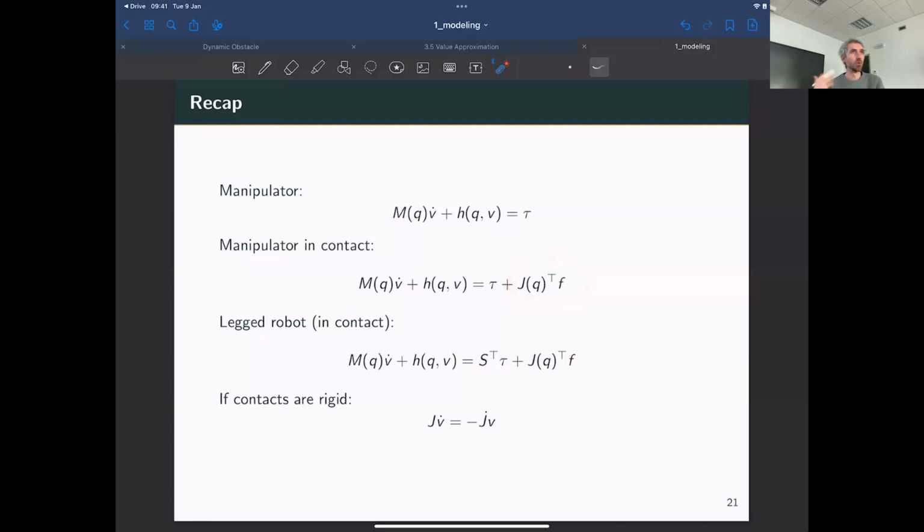And once we move to a legged robot, which is underactuated, we need to account for underactuation by adding this S transpose matrix, which adds all the zeros in the top part of the equation, which is the passive part of the equation. And if the contacts are rigid, we have to take into account the rigid contact constraints expressed at the acceleration level, which is J V dot equal minus J dot V. So basically everything you need to remember from this lesson is in this slide.